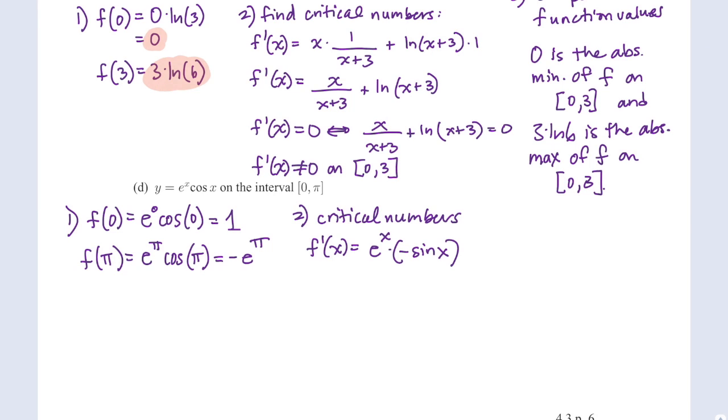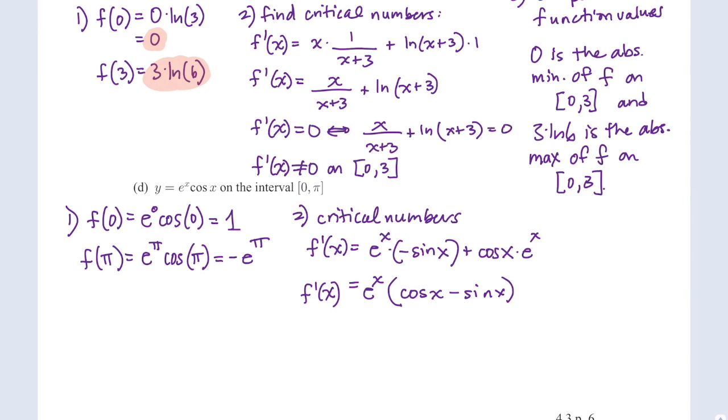So e to the x times negative sine of x plus the second factor times the derivative of the first, and the derivative of e to the x is just e to the x. And I can see I have an e to the x in both of those, so I'm going to factor it out, and then I'm going to rewrite the other two terms as cosine of x minus sine of x, just so that it looks a little nicer.